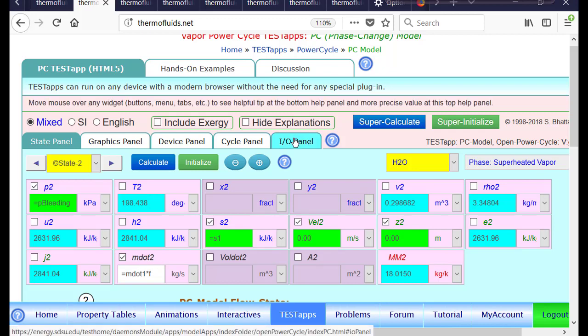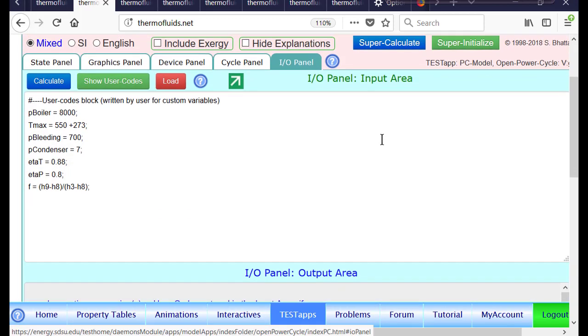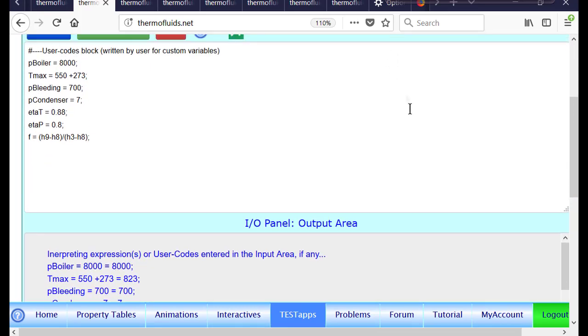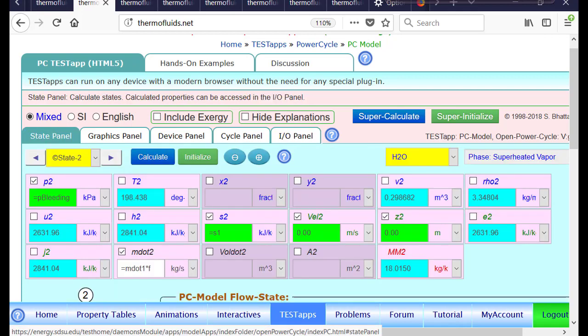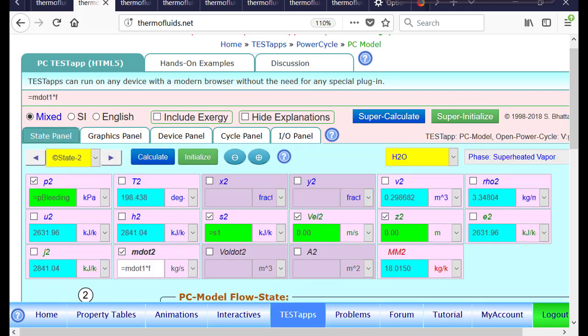That's because F could not be calculated at this point, since we don't know these states, H9 and H8, etc. But once F is known, all the other states are known, and the calculator will enable us to calculate m dot 2. So let's leave it as unknown.